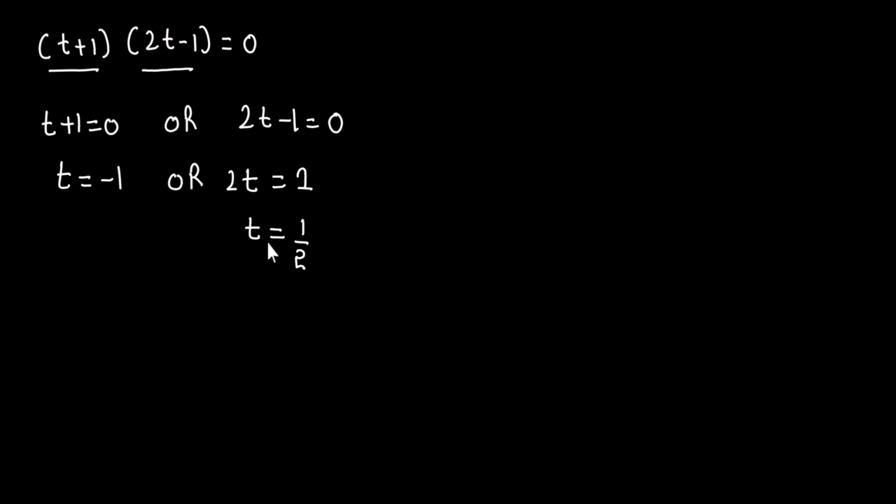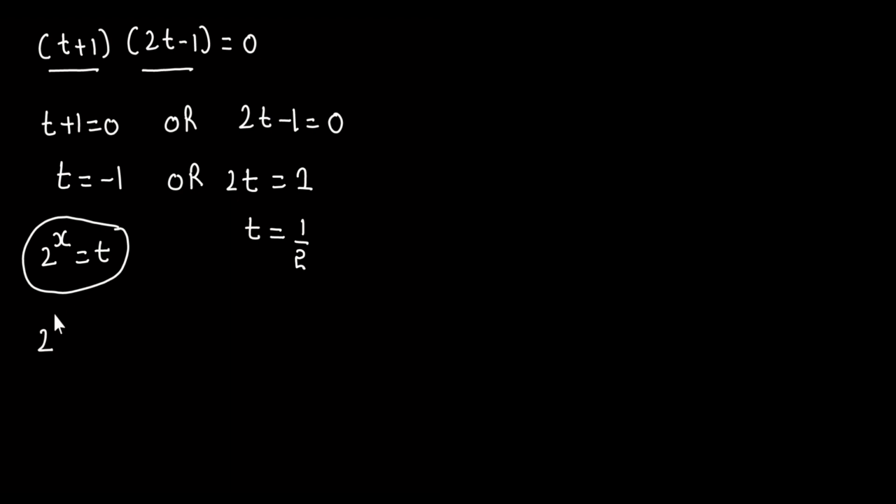So these are the values of t, but we need the value of x. So where is the relation between x and t? That is our substitution. We substituted 2 raised to power x is equal to t. From that we can easily find the values of x. First take t is equal to minus 1.